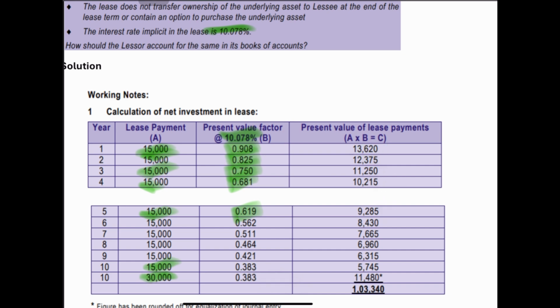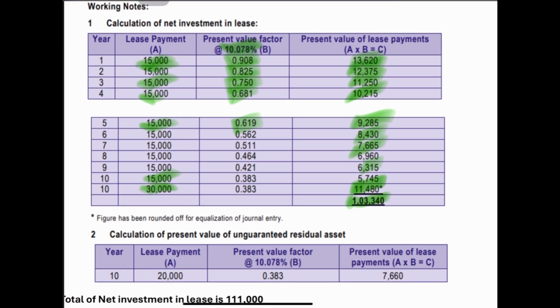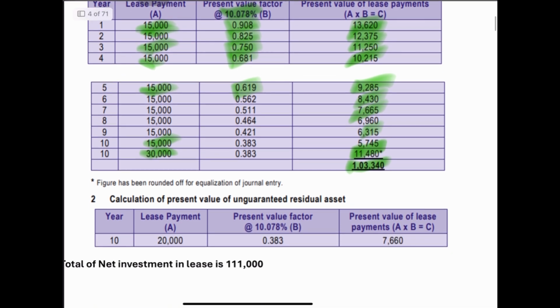The present value of the first year's 15,000 is 13,620, the multiplication of 15,000 into 0.908. Like that you calculate the present value of all 10 years, including the residual value in the last year, that comes to 11,480. Altogether you have a total present value of 1,03,340 in this case. Besides the present value of all the lease payments plus guaranteed residual value, you also have the unguaranteed residual value of 20,000 rupees.